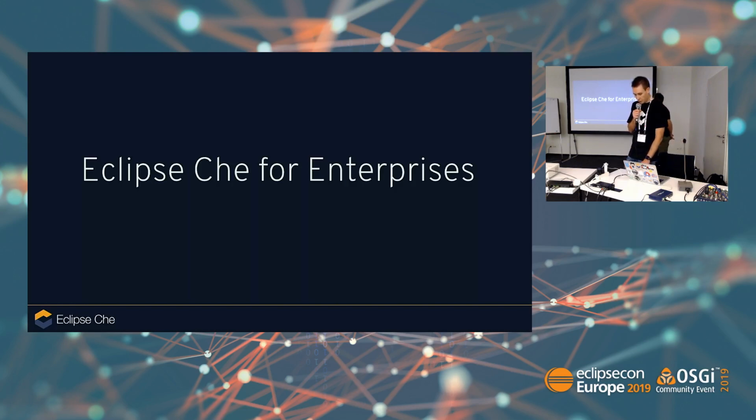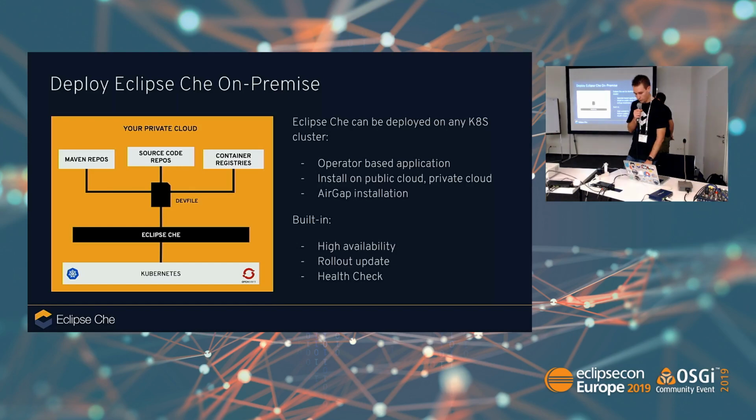So Che for Enterprise, and I'm going to go very fast on this. You can deploy it on premise. We add abilities to deploy Che in an air-gap environment, so there are capabilities to do that. It's built in with high availability, rollout update, and health check capabilities as well.